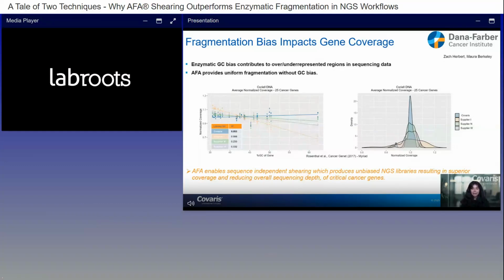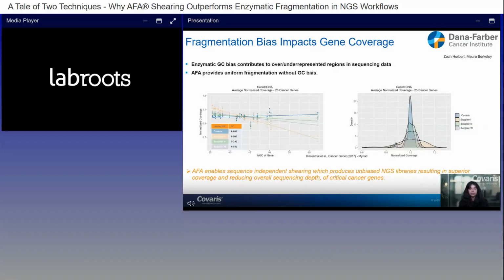So fragmentation bias can be a big problem, not only because it leads to a less beautiful per base sequence content graph, but also because it impacts gene coverage. So here we have some data showing how enzymatic fragmentation bias can contribute to over and underrepresentation in your sequencing data.